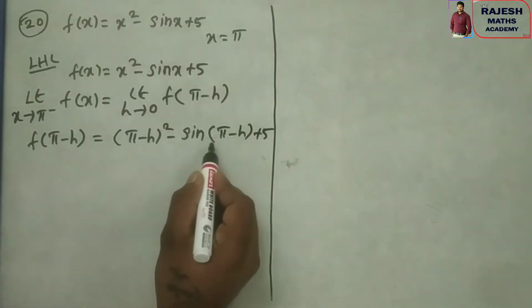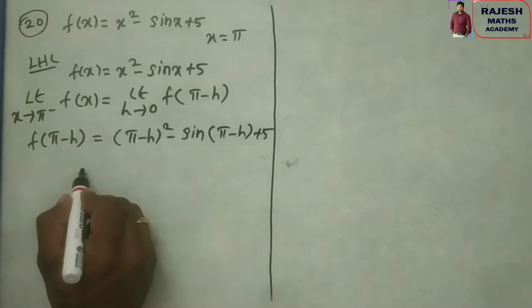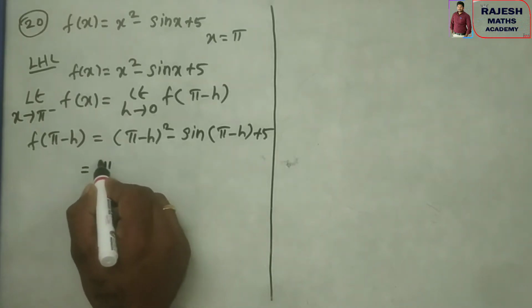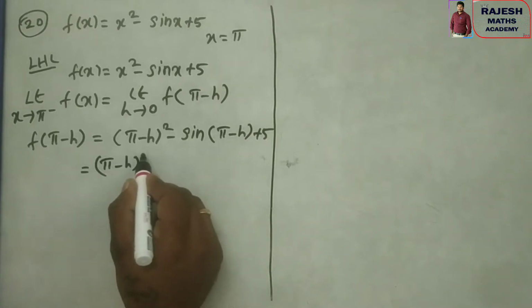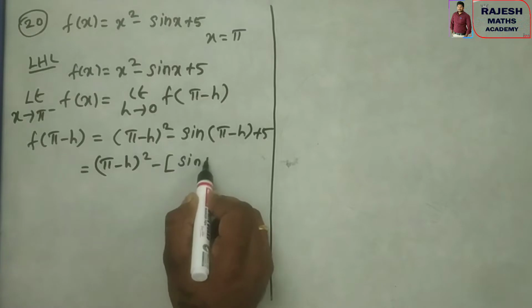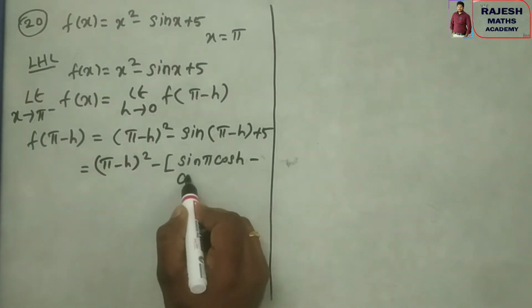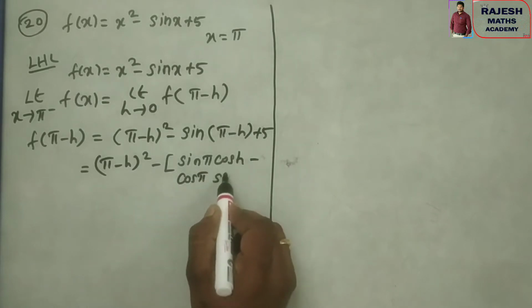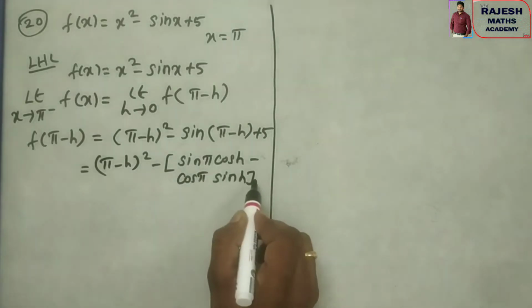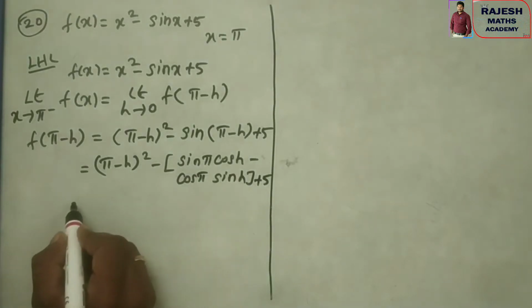Using the sin a minus b formula, I can expand this. So it will be pi minus h whole square, minus of sin a cos b minus cos a sin b, plus 5 will be remaining. Now we will simplify this.